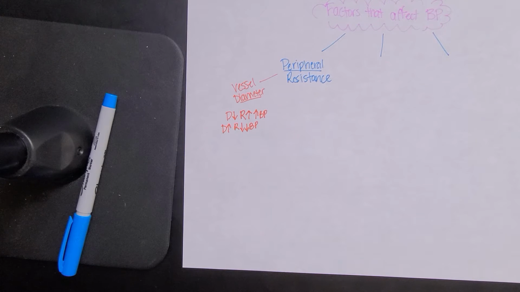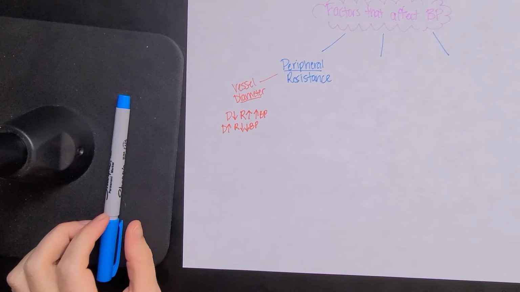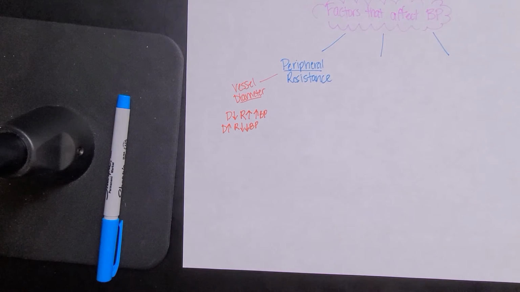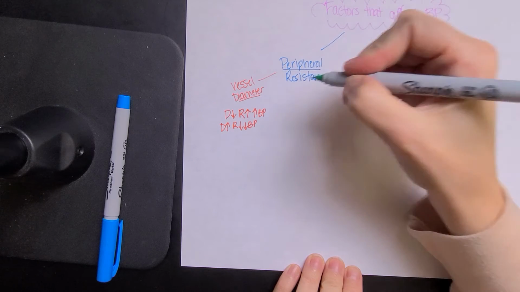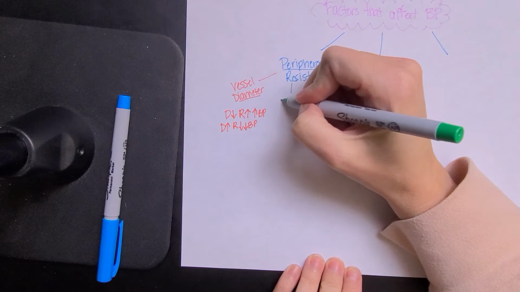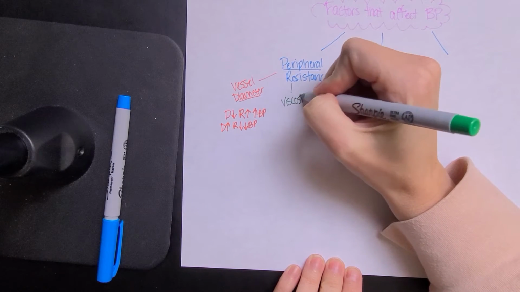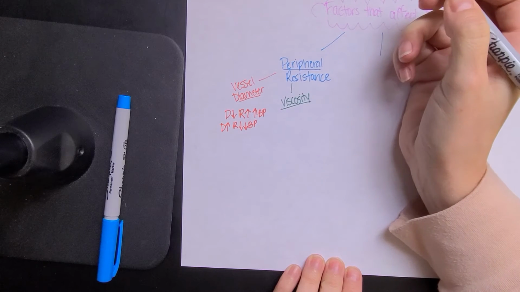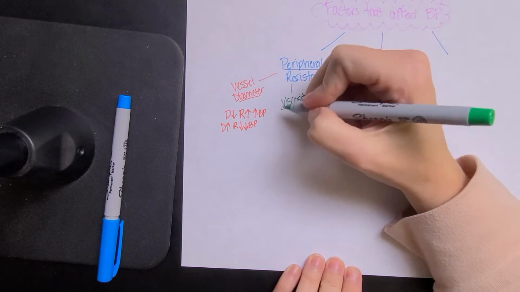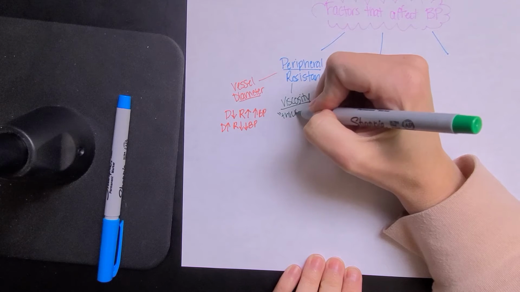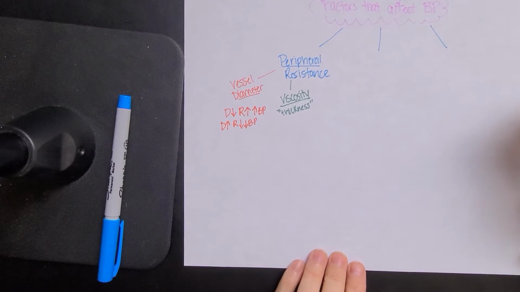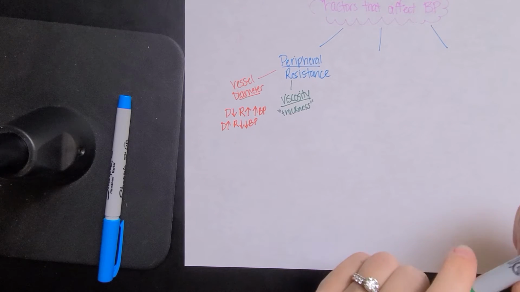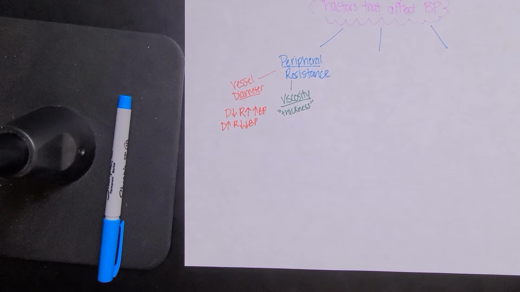So another major factor in regulating our blood pressure, or specifically our peripheral resistance, is going to be the viscosity of the blood. Viscosity is kind of like the thickness of the blood. So it's kind of how runny the blood is, how watered down the blood is.